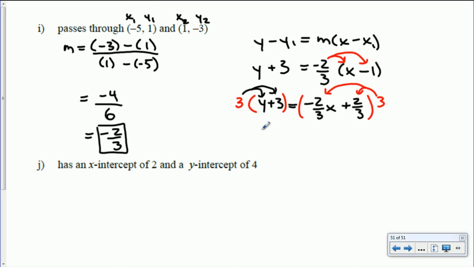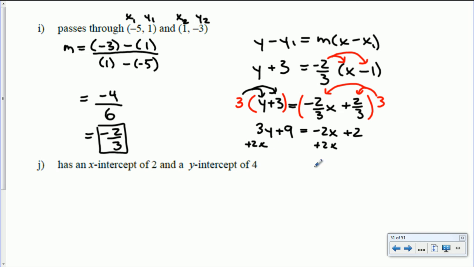So this will be 3y plus 9 equals negative 2x plus 2. I need to bring everything to the left because the coefficient on x is negative. I need to make it positive, so let's add 2x to both sides.